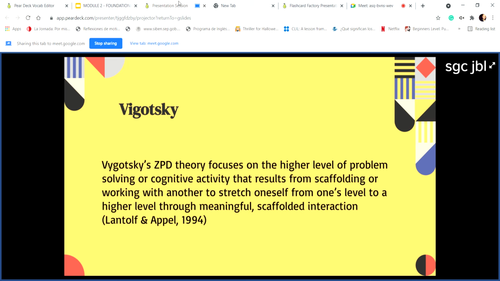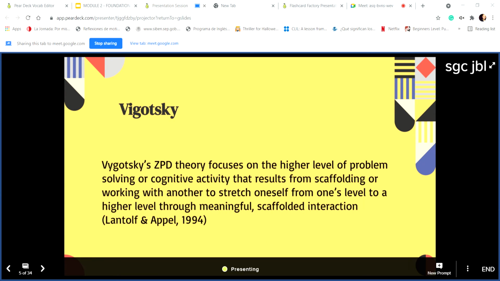According to Lantolf and Appel in 1994, if you want to call yourself a Vygotsky fan or a Vygotsky-influenced teacher in your practice, you are supposed to have, during your sessions, spaces or time or activities dedicated to social interaction with your students.